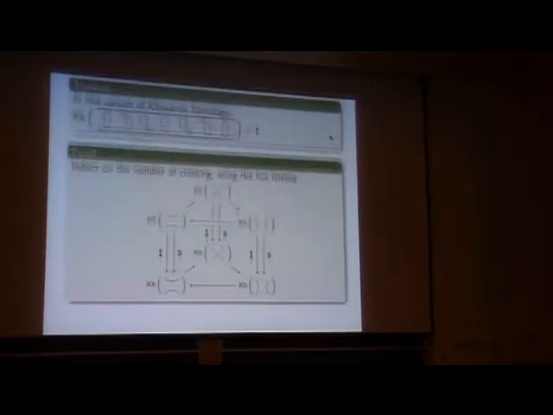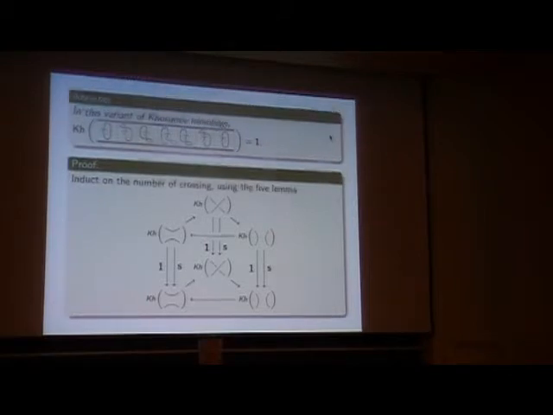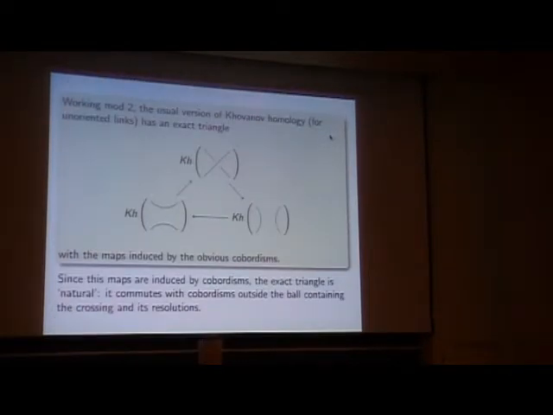So back here, the problem with the version of Khovanov homology that's functorial over Z is that there is this long exact sequence for Khovanov homology, but one of the corners, this bottom left corner, isn't actually the Khovanov homology of a link.